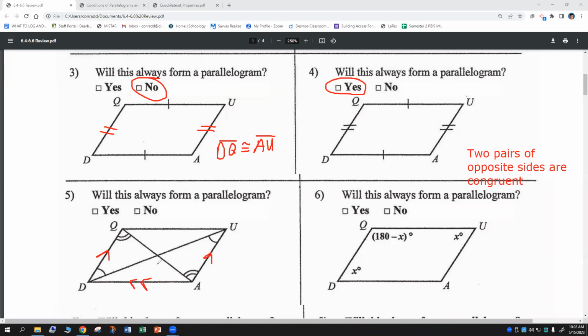For example, if AD was parallel to UQ, then we'd have enough information to say this was a parallelogram. Those alternate interior angles tell us that DQ is parallel to AU. Same thing with angle QDU and angle AUD. It still gives us just the left and the right sides parallel. We would also need the top and the bottom to be parallel.